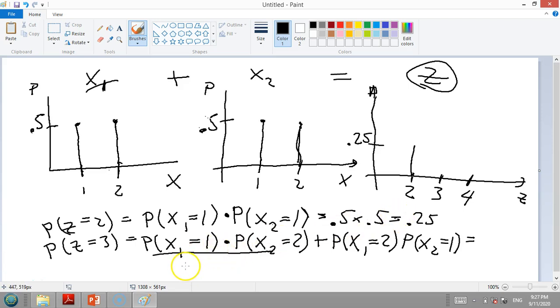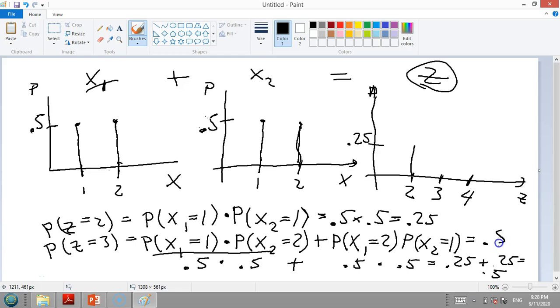And what is this? This will be 0.5 times 0.5 plus 0.5 times 0.5, which equals 0.25 plus 0.25, and that's equal to 0.5 exactly.